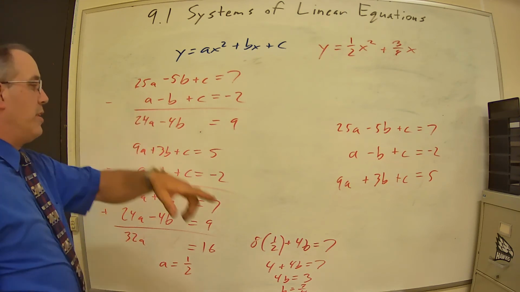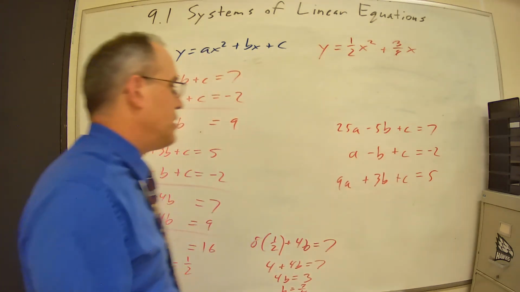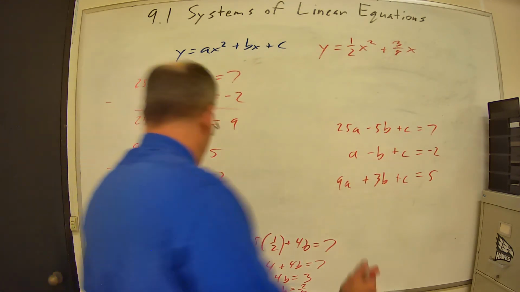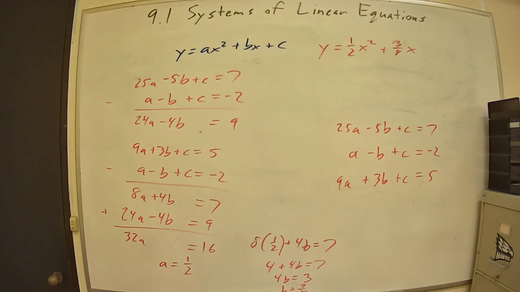I just need to plug it into one of my original equations to get C. I think the easiest is A minus B plus C is equal to negative 2. So I've got 1/2 minus 3/4 plus C is equal to negative 2. So if I'm going to move these around, let's make that 2/4 minus 3/4 plus C is equal to negative, call that 8/4.